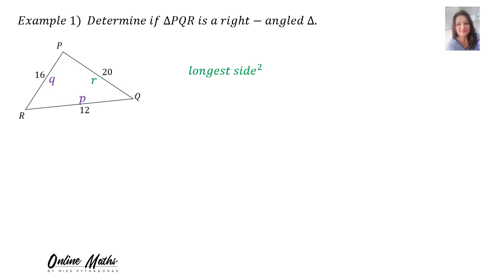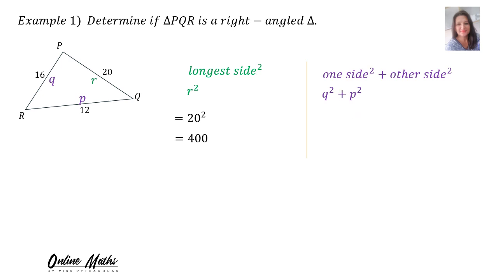So we will do r squared. We will work out the value. R was 20. So 20 squared means 20 times 20, which is 400. Now then, this is the left-hand side of your equation. Then you draw a line to split the two sides, and then you do one side squared plus the other side squared.